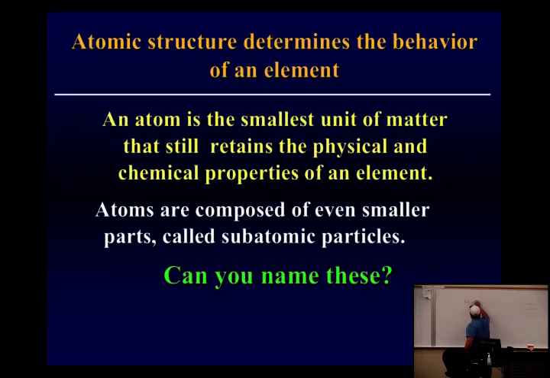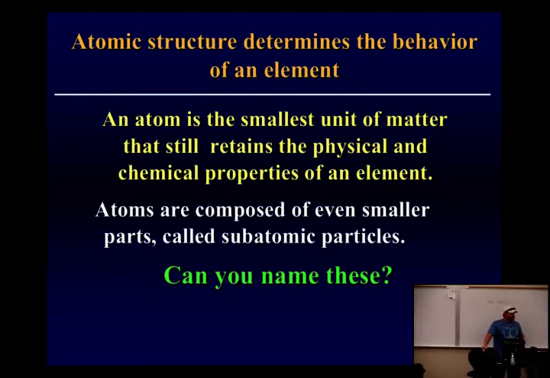So we know that it has 11 protons. That's what makes it sodium. If it had 10, it wouldn't be sodium anymore. It would be neon. So if we have 11 protons, how many electrons? 11.